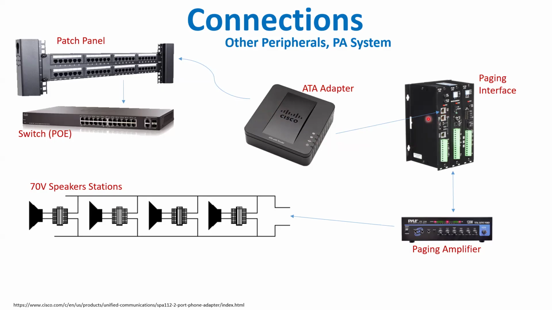How it responds is it's going to give you a confirmation tone, that means you can speak, or is it the confirmation tone to let you know that you have to press the zone that you want to page? Is there some additional action? Depends on the setup. And of course, how you set it up, you let the people who use that know how to use that. So that's how.